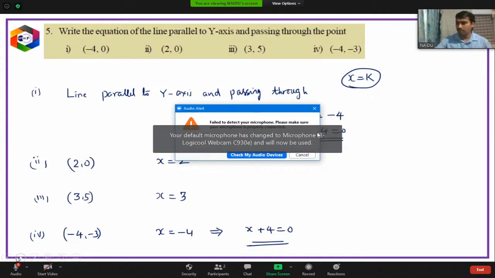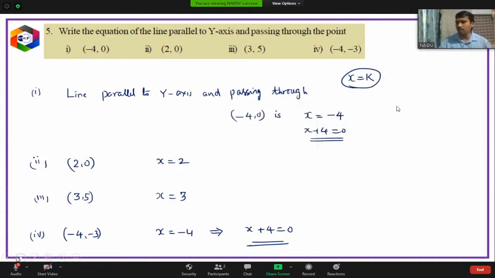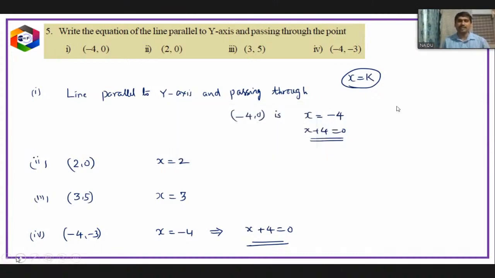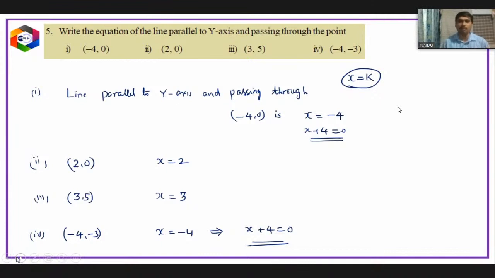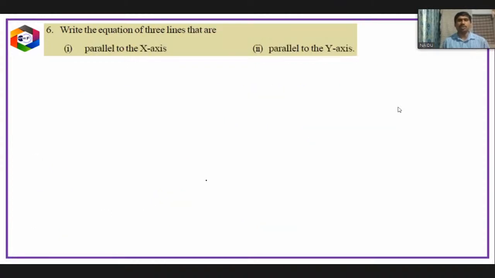So we will move to the last question of this particular exercise, and not only the exercise, the complete chapter, linear equations in two variables. The last exercise is simple, based on simple answers only, and the first three questions are based on a little bit of graph, both on the number line as well as on the Cartesian plane, and now the remaining are based on the values. Now we will move to the last question of this particular exercise or the chapter.